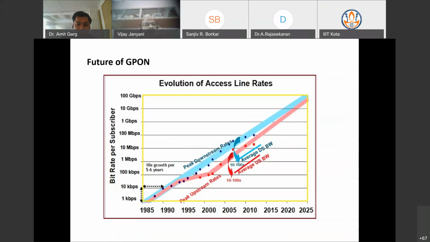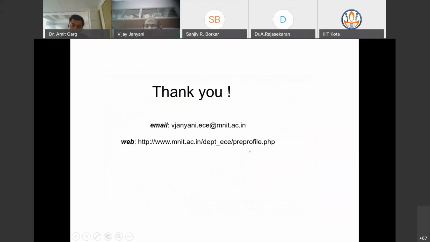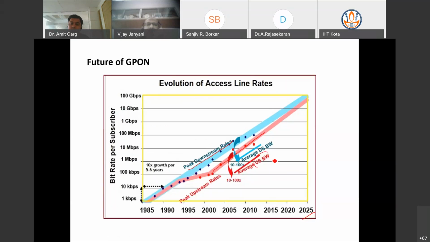So, the future of GPON, continuing with that, again a prediction up to 2025. You can see the downstream rates and the upstream rates; this is the average downstream bandwidth, and this is the average upstream bandwidth.